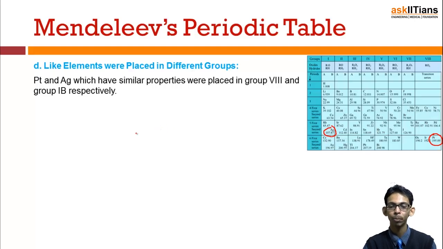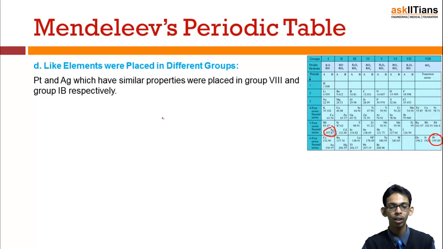So we discussed Mendeleev's periodic table, and we know that it was the first successful attempt to list all the possible elements in a periodic table, and at the same time he left blank spaces for those elements which were not discovered yet, and he predicted their discovery. This was the main key factor of Mendeleev's periodic table.